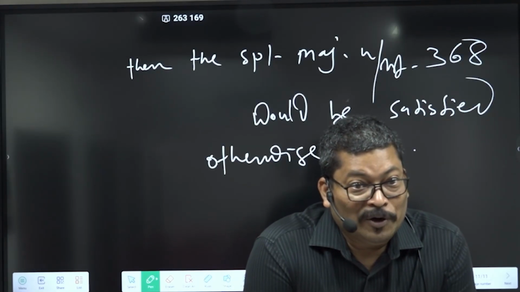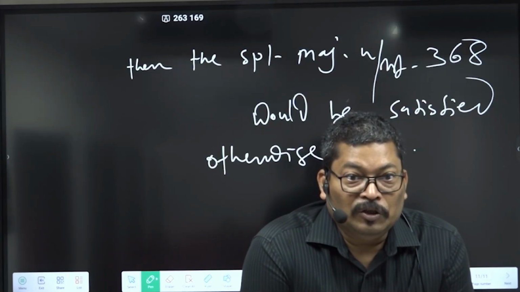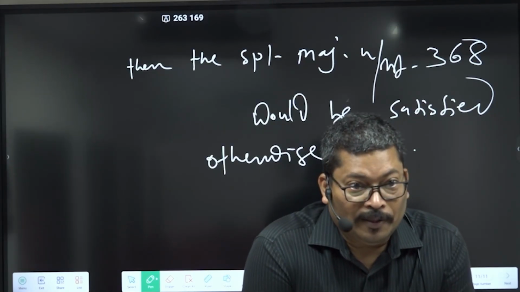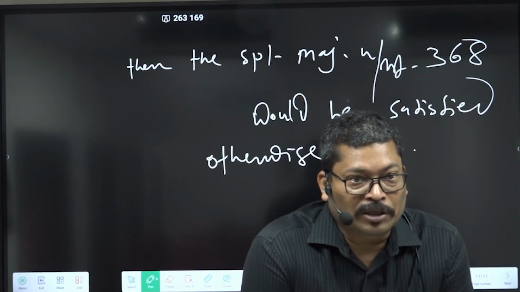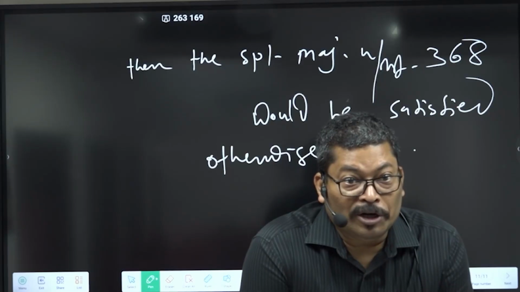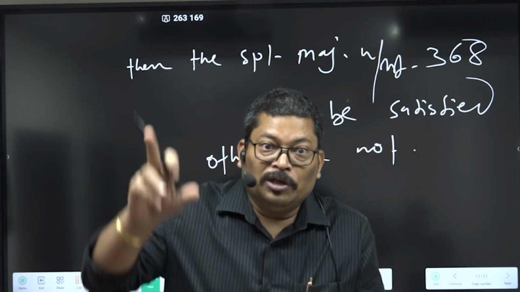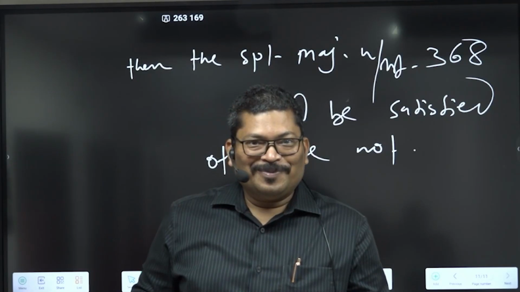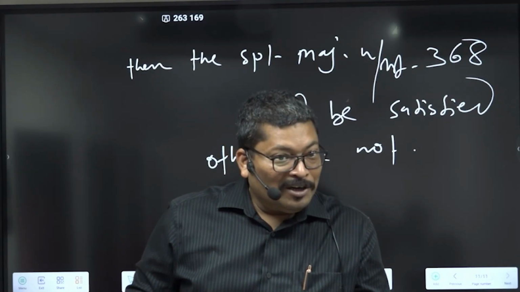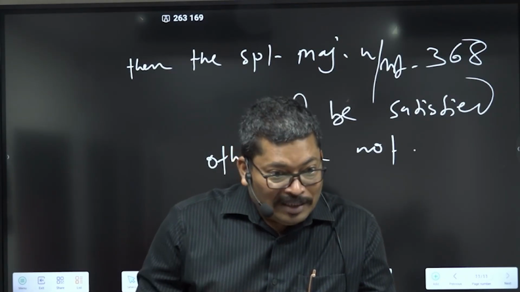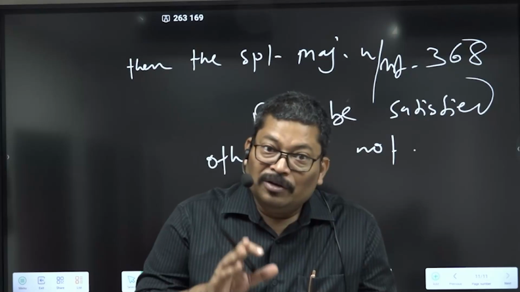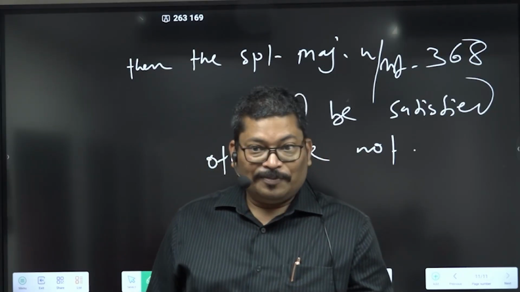No, special majority under Article 61, and this is the toughest kind of majority given under Indian Constitution. So how to find out special majority under Article 61? Not less than 2/3 of total strength of the House. Special majority under Article 61 means not less than 2/3 of total strength of the House.